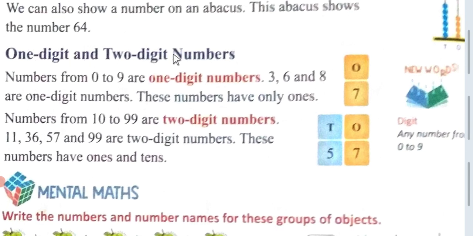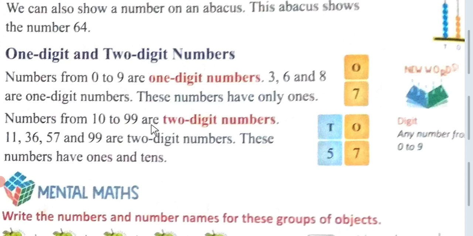So now, 1 digit and 2 digit numbers. Numbers from 0 to 9 are 1 digit numbers. That means 0, 1, 2, 3, 4, 5, 6, 7, 8 and 9 are 1 digit numbers. 3, 6 and 8 are 1 digit numbers. These numbers have only ones.